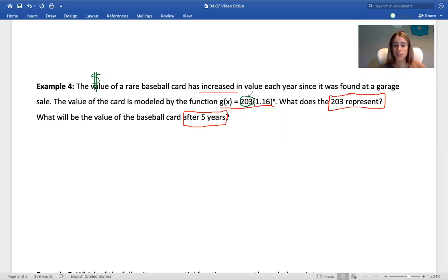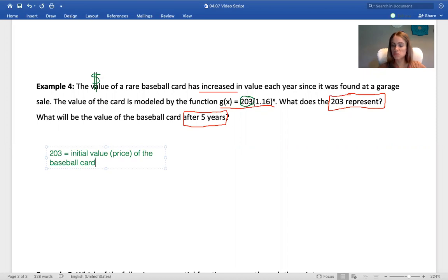Well, if we're talking value, that means in this scenario, 203 is equal to the initial value or price of the baseball card. Geez, I can't type.